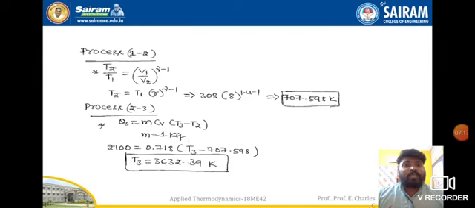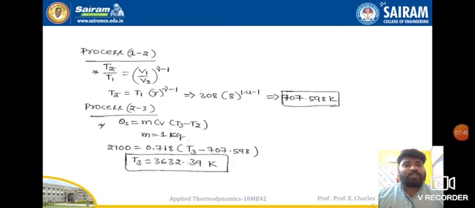We have to take the gas equation as the base formula, and from that we can derive this equation. In this way we can find out T2. So T2 is equal to T1 into compression ratio whole to the power of gamma minus 1. All the values are known, so if we substitute, we will get 707.598 kelvins.